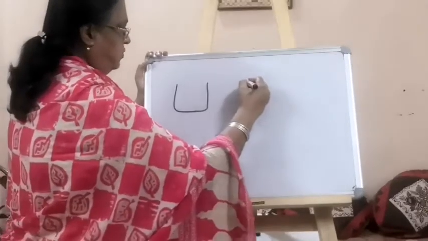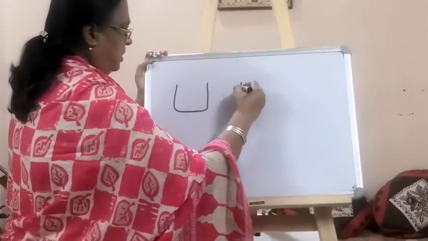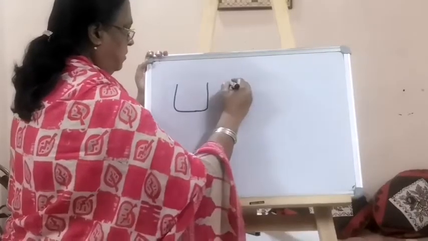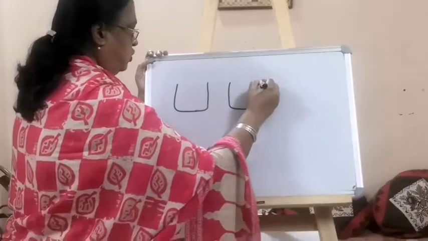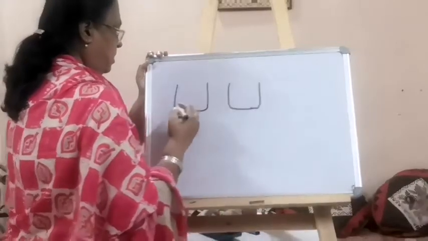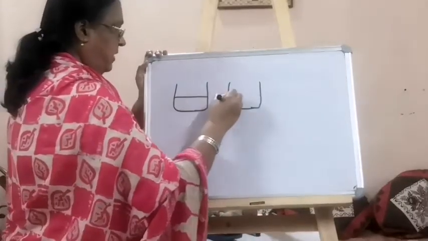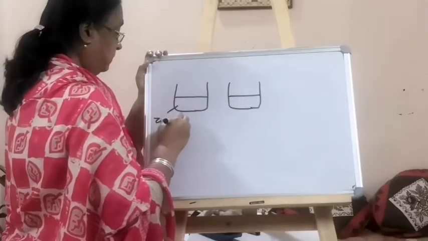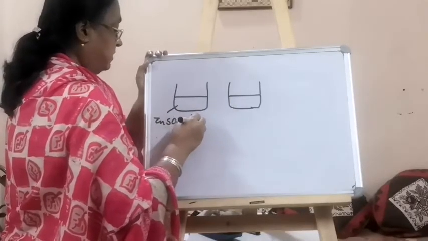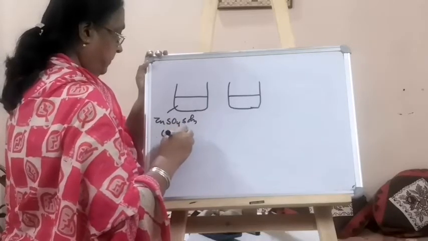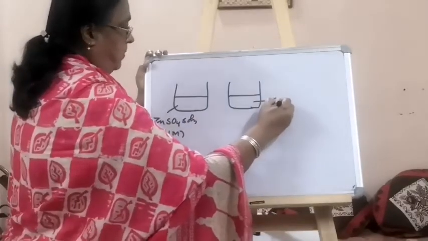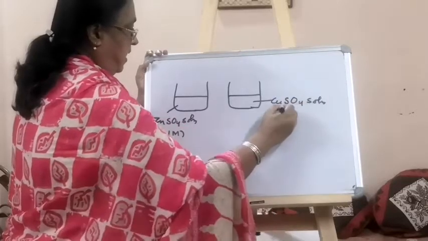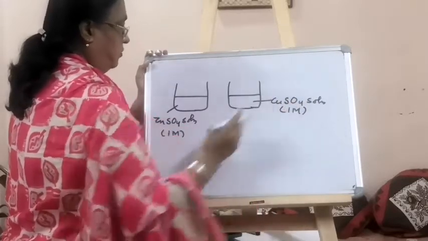So we will have to take two beakers, and in one beaker I will take zinc sulfate solution having concentration 1 molar, and here copper sulfate solution having concentration 1 molar.